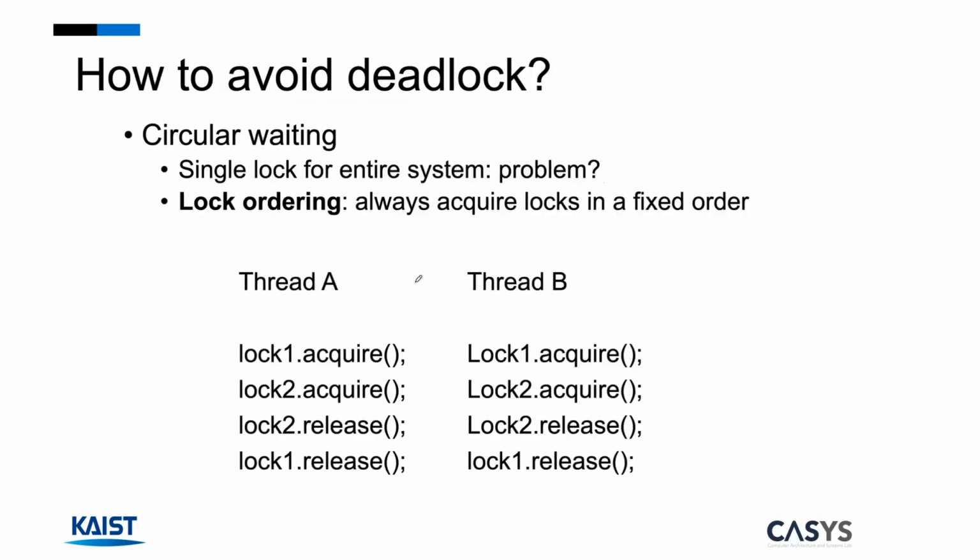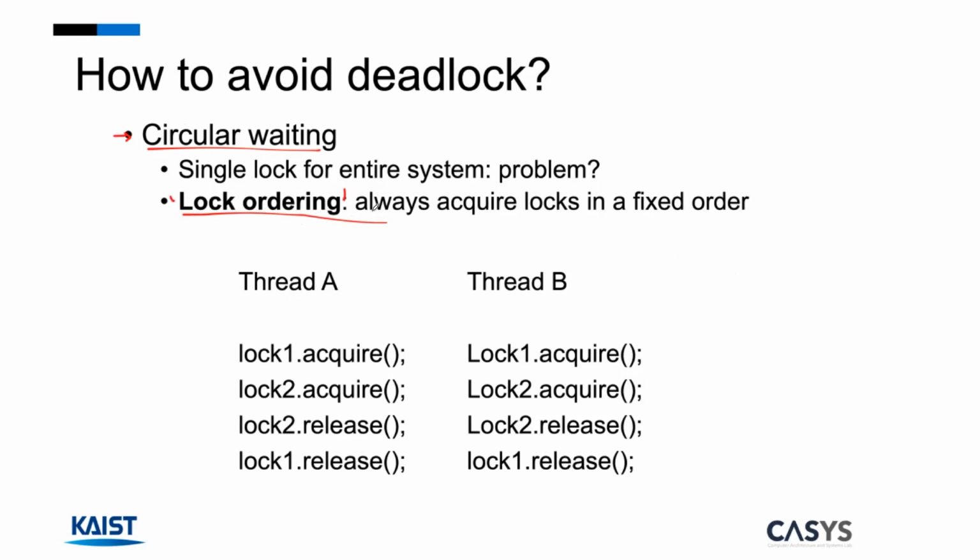So let's take a look at the first condition. The first and most popular way to avoid deadlock is avoiding circular waiting. As I explained, the lock problem was violating the lock holding order. Circular waiting is eliminated by holding locks in a specific sequence.